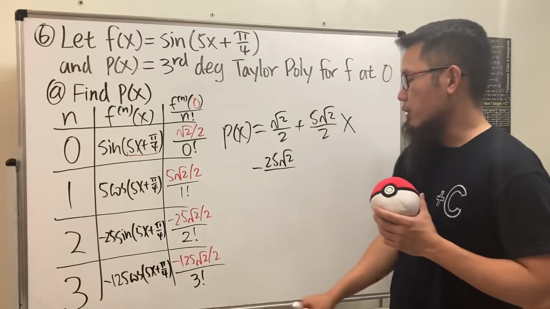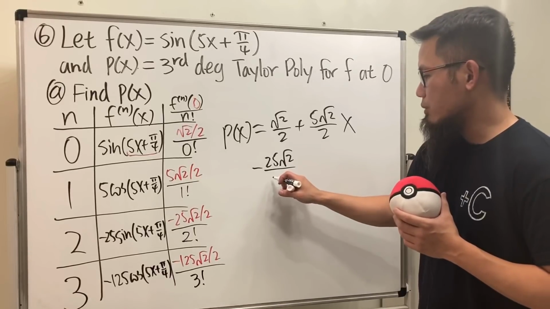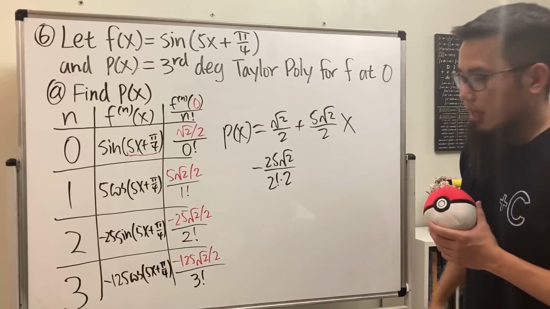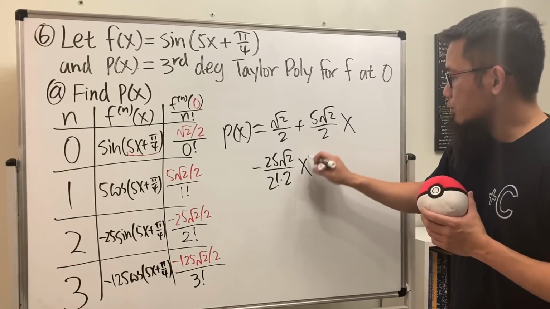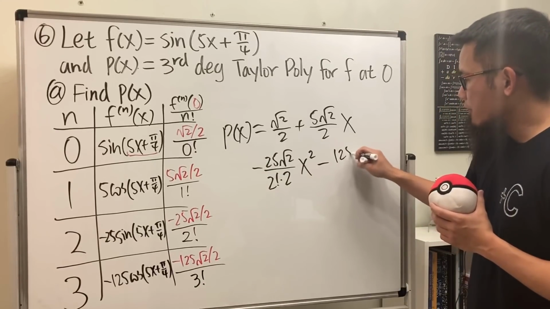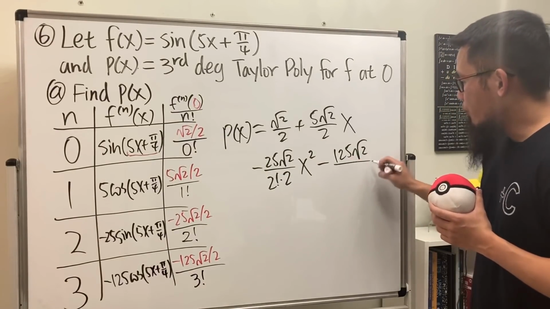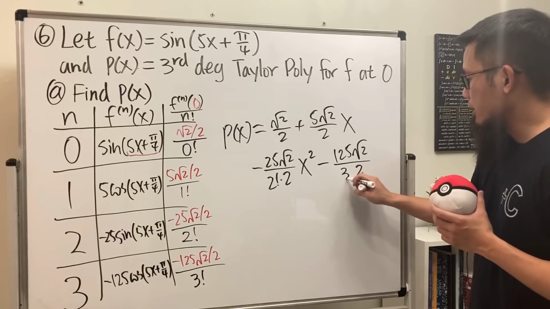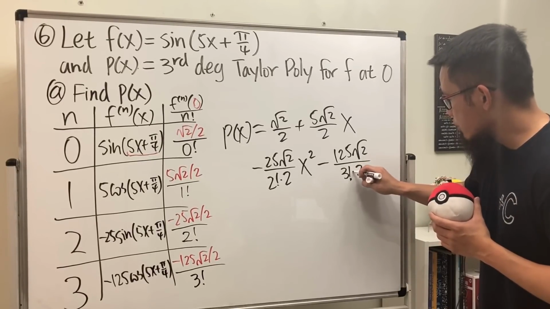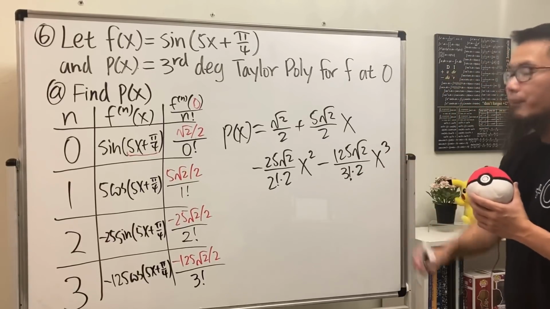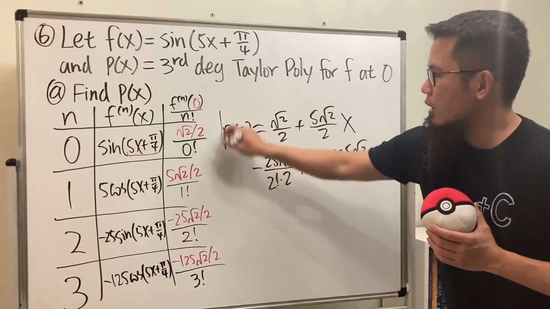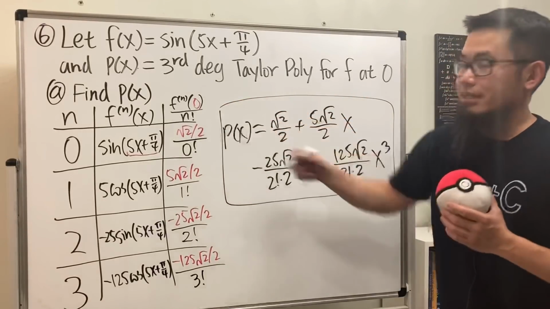But this is 2 factorial, so depends. You may want to just write it as 2 right here and then 2 factorial here. Then I think that's okay. And this is going to be x to the second power. Lastly, we have the minus 125 square root of 2 over 2. And then we have the 3 factorial. Let's just put that in the front. Like this. And then multiplication. And then x to the third power. And there we have it, third degree Taylor polynomial for p of x. So that's that.